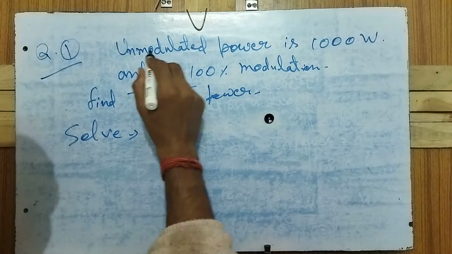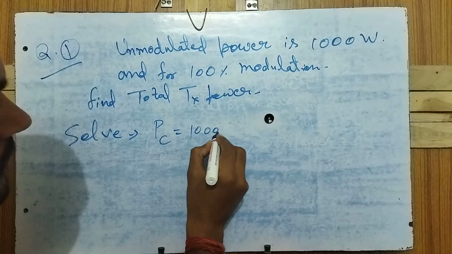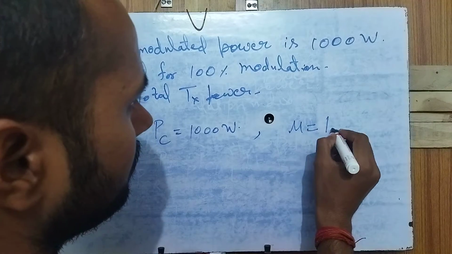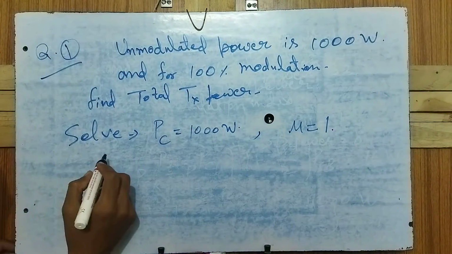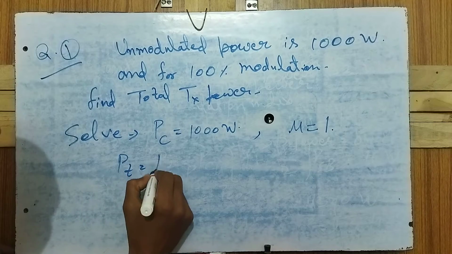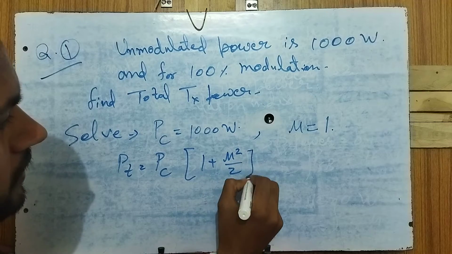So unmodulated power is the carrier power, 1000 watt, and 100% modulation means modulation index mu is 1. So we know that Pt is equal to Pc into 1 plus mu square by 2.